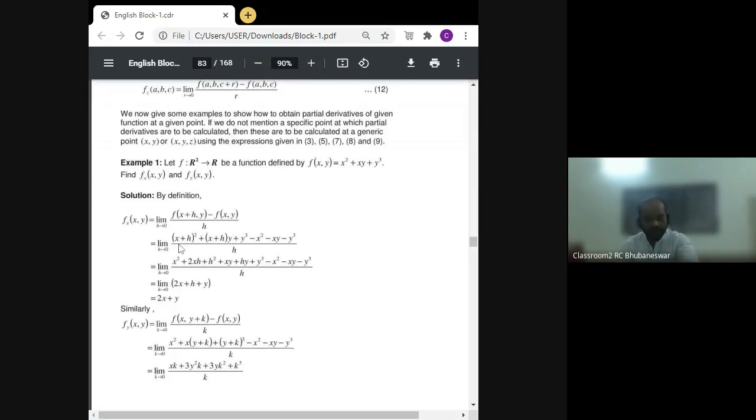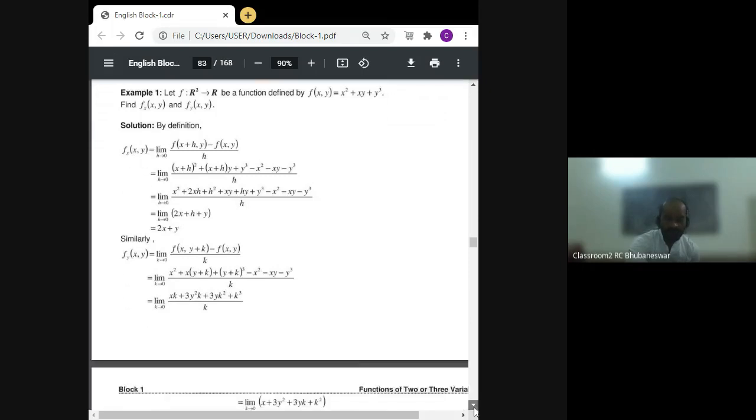The function is written according to the variables x plus h comma y, and after algebraic calculation, we cancel the terms x square, y cube, and xy. After cancelling these terms, we have the expression 2x plus h plus y. Here h approaches 0, that means h will be 0, and the result is 2x plus y, which is the partial derivative of f with respect to x.